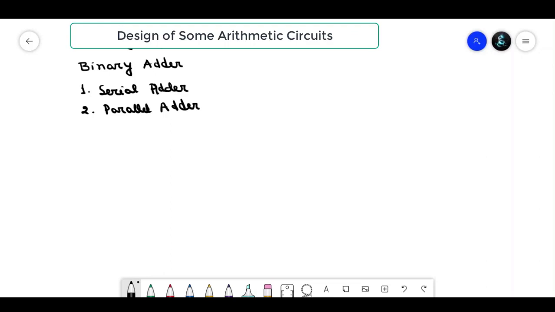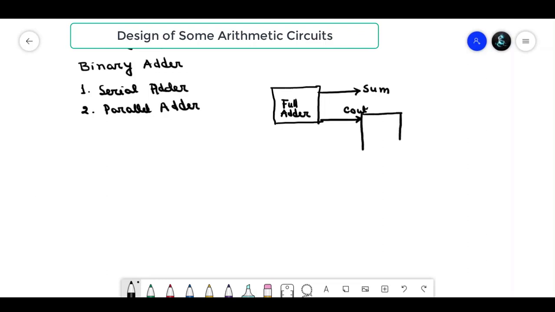If I draw the circuit of the serial adder, it will be like this. It will consist of a full adder and a D flip-flop. So this is a full adder. This is the sum. This is Cout, or carry out, which is the input of the D flip-flop.